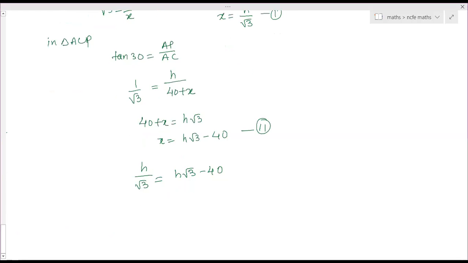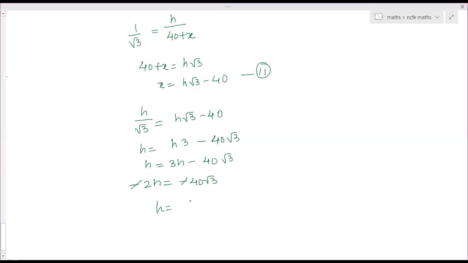Multiplying root 3 on this side, H is equal to 3H minus 40 root 3. So 3H minus 40 root 3 is equal to H. Bringing this to this side, minus 2H is equal to minus 40 root 3. The minus cancels, so H is equal to 40 root 3 by 2, that is 20 root 3. So H is equal to 20 root 3 meters.